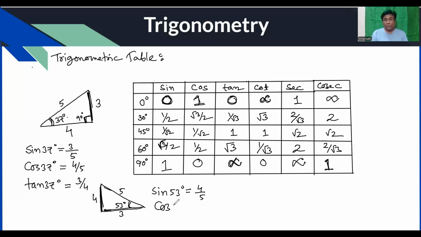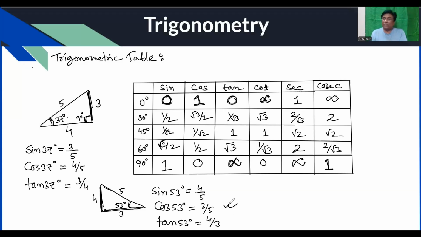Can you say what is cos 53 degree? 3 by 5. Can you say what is tan 53 degree? 4 by 3. So if you know tan 53, you can find cot 53 also. Cot 53 will be the reverse of 4 by 3, which is 3 by 4.